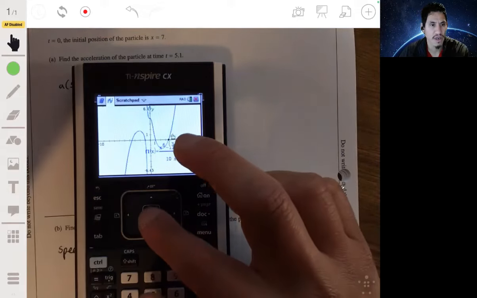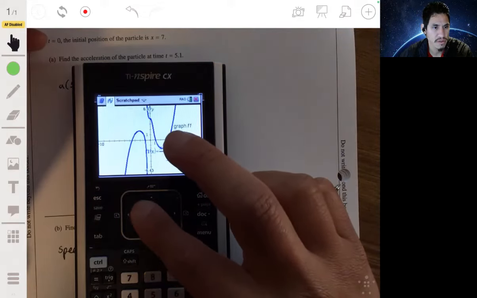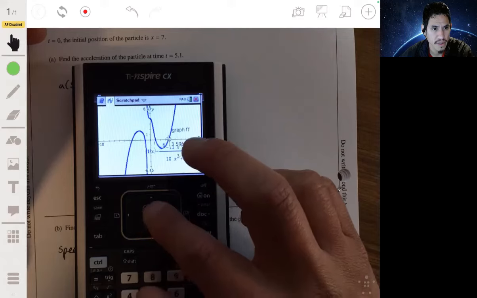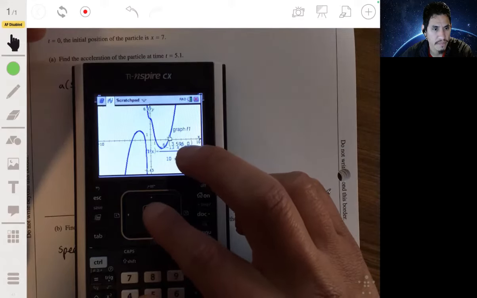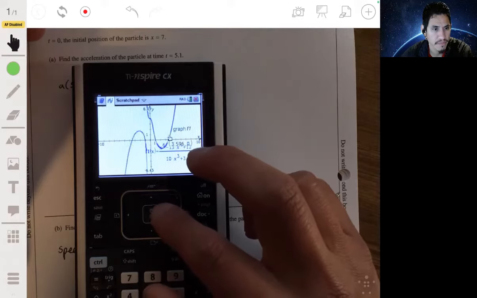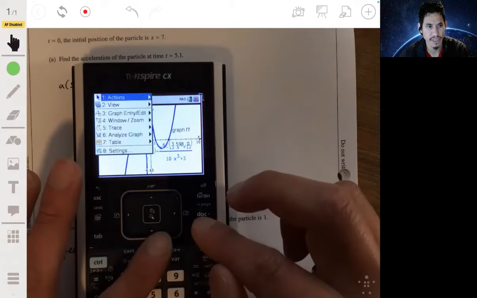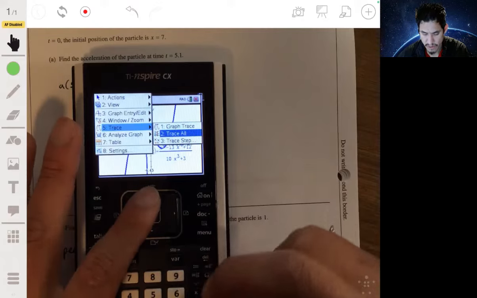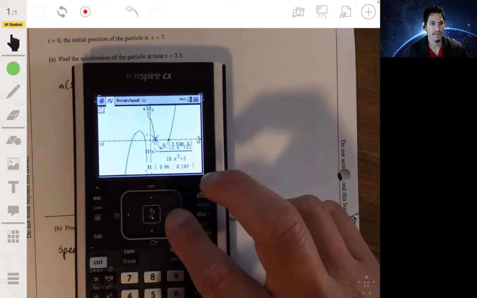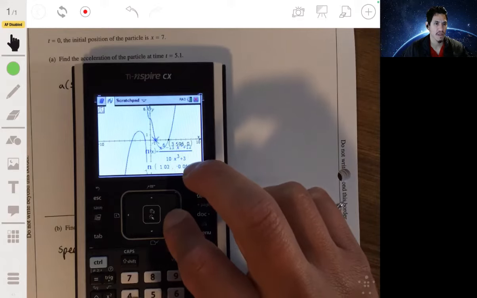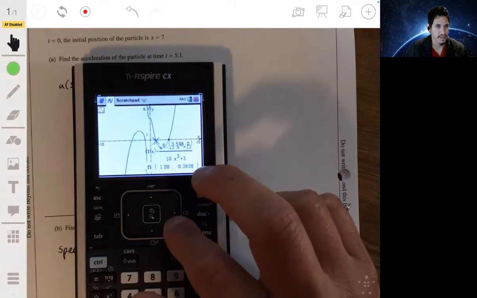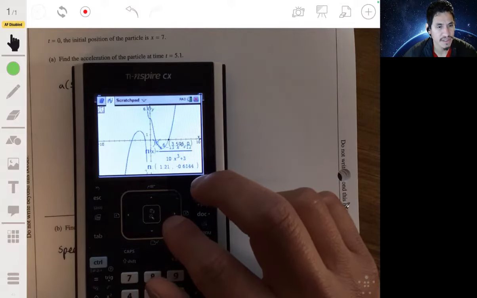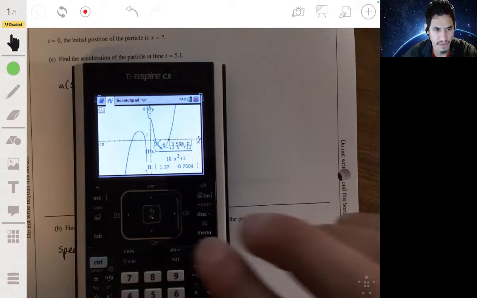Let me do my pointer, so let me be quicker. Probably should have done that first. Calculator does not like me. Okay, and let me go back to trace again. Sorry for the technical difficulties. I'm still over here. Actually, I just remembered, I'm an idiot. That actually kind of saved me.